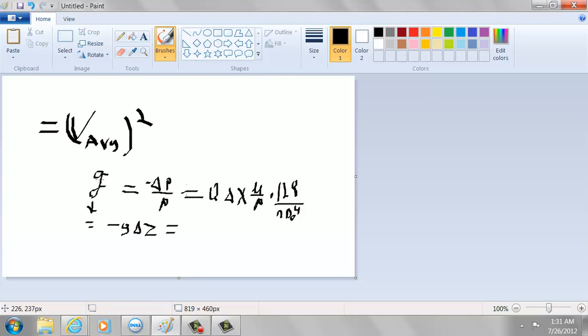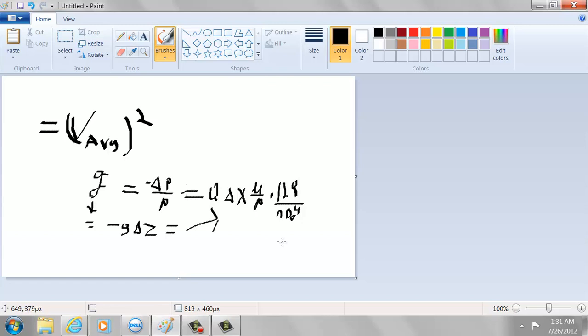If this is equal to F, the friction heat loss per pound mass, and this is equal to F, then by the commutative property, this is going to be equal to that, so it's equal to Q delta x, viscosity over density multiplied by 128 over pi diameter to the fourth.